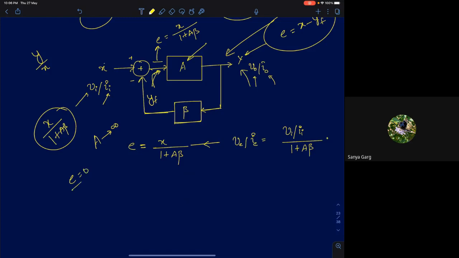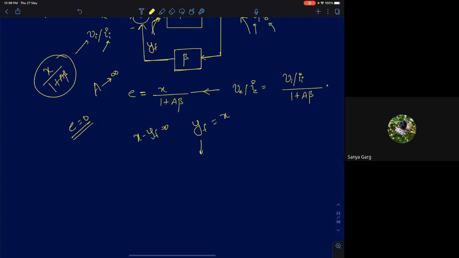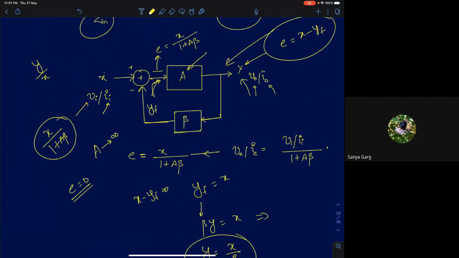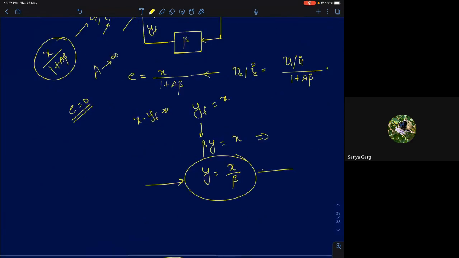If the input of the amplifier goes to 0, then X minus YF is 0, which means YF will be equal to X. And we know YF is simply beta times Y, and therefore, if you ensure A is infinity, the negative feedback system forces the output to be equal to 1 by beta times X. It actually forces these two, X and the feedback quantity, to be equal, which in turn can also be written as output being equal to X upon beta. And I said this is one of the most important properties of negative feedback amplifiers, which is often exploited in many systems, which are even in use today.